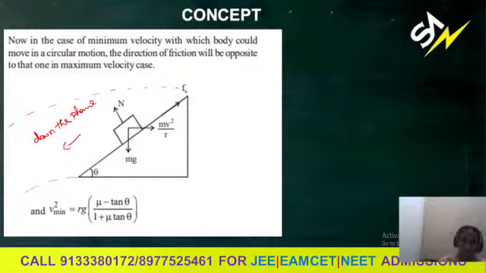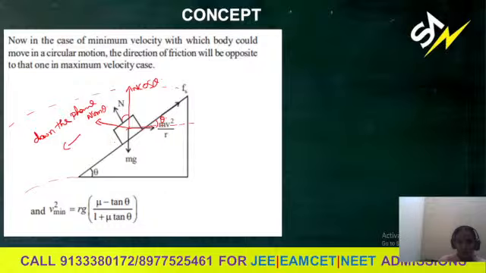Here also we can resolve the normal reaction force: N cos theta on this side, and towards the center there will be N sin theta. The frictional force here makes angle theta with the horizontal.